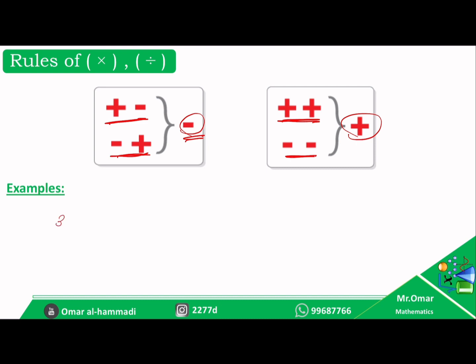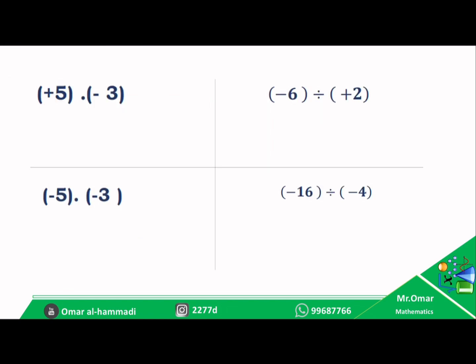For example, 3 dot minus 1. Positive and negative gives negative. 3 multiplied by 1 is 3, so it will give us minus 3. The same thing for the division.